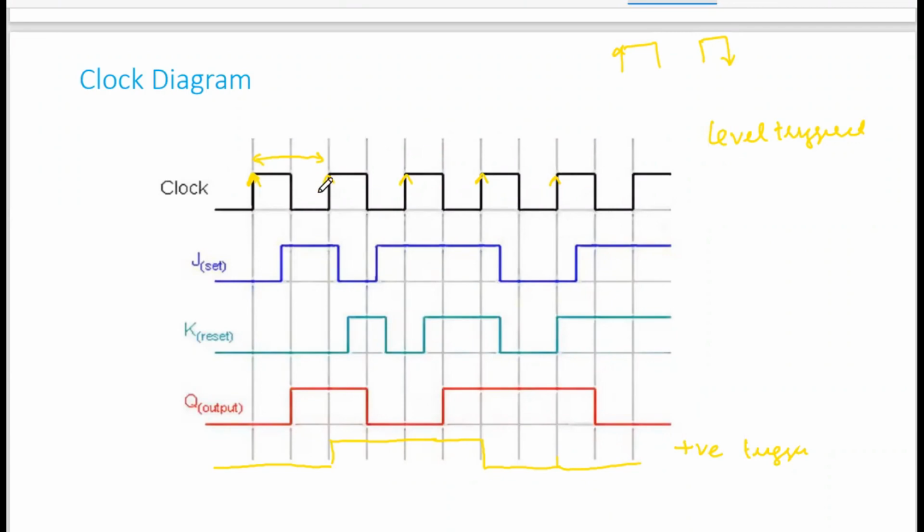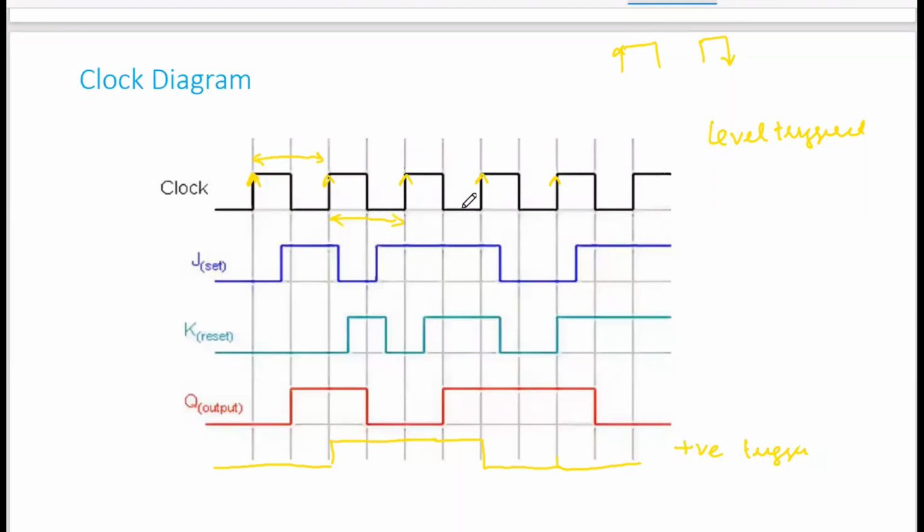That means if there is a clock and if any change is there, here you can see J is changing after some time. So that will be reflected in the output. Here the clock is on for this particular period. So here J is 0, K is equal to 1, so now you can see output is getting 0.